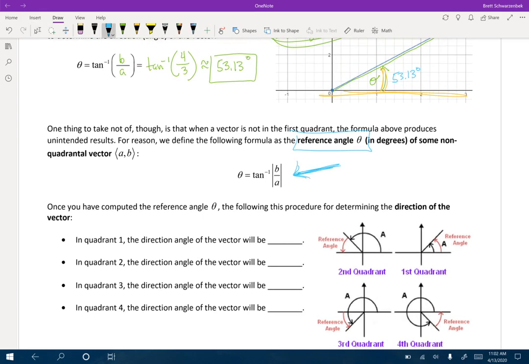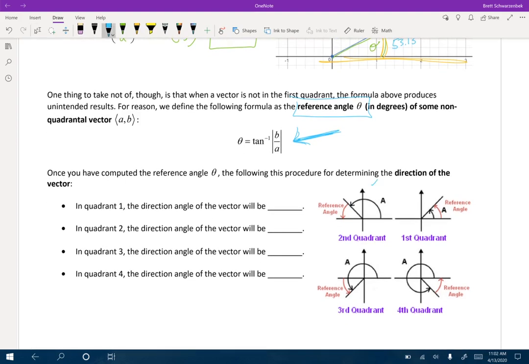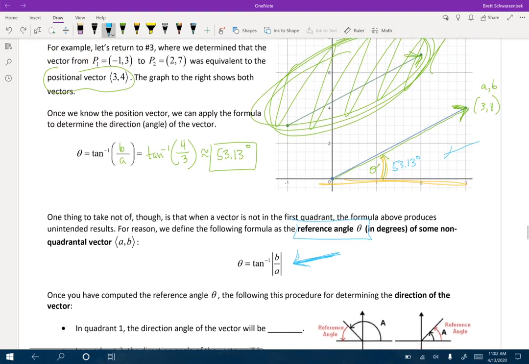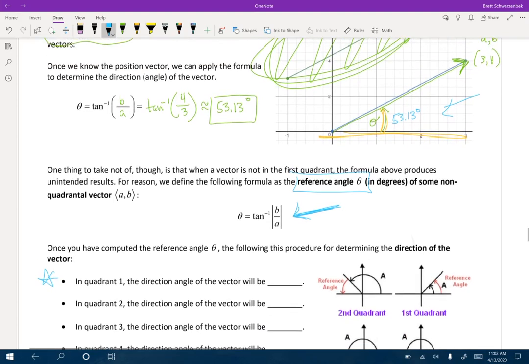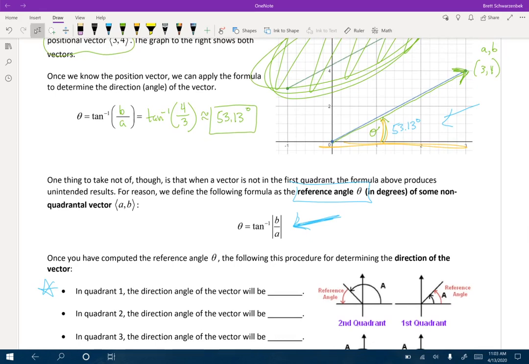According to this formula, again, it is going to give you the reference angle. So let's see what the direction of the angle is going to be. Let's look at the original picture. If you're in quadrant 1, the direction angle of the vector will be what? If you use this formula, the tangent inverse of b over a, and say for argument's sake that instead of parentheses we used absolute value, would that have changed anything?